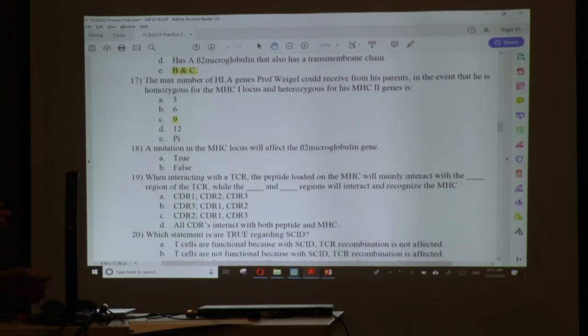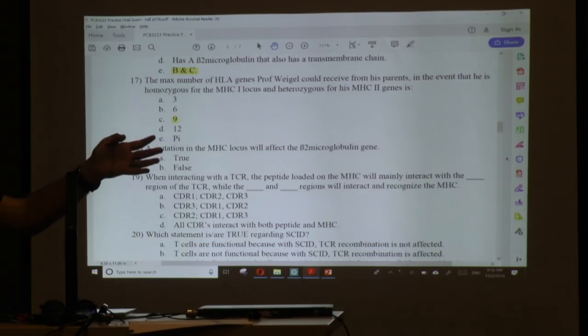But going back to the number of genes of isotypes, if you will, or allotypes that you can have. Does it make sense? How many can you have total, depending whether you're homozygous or heterozygous? If you're homozygous, meaning that you got the same allotypes from mom and dad, for MHC1 you're going to have 3, and MHC2 you're going to have 3.